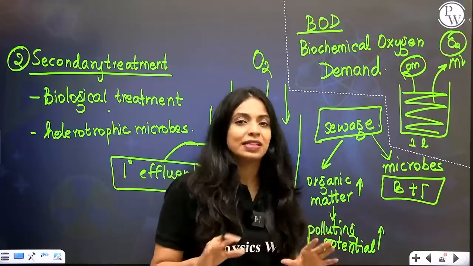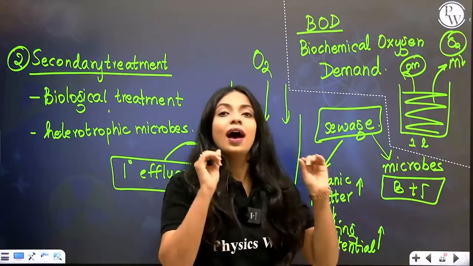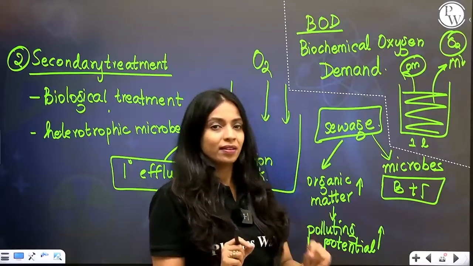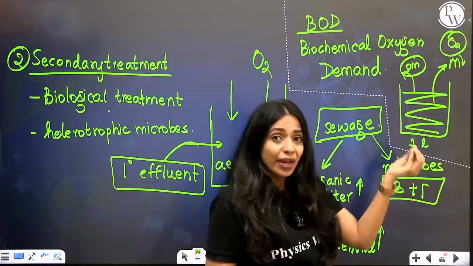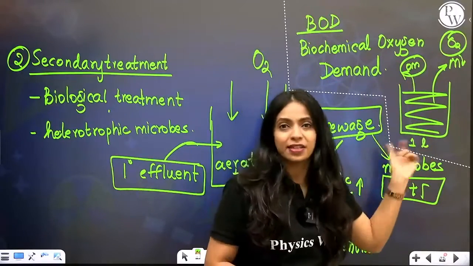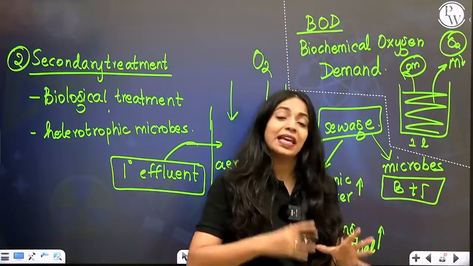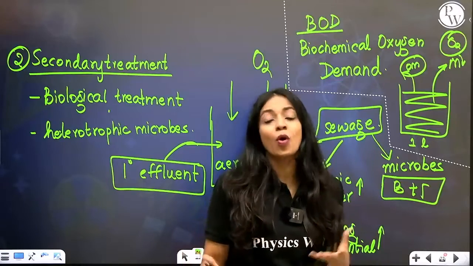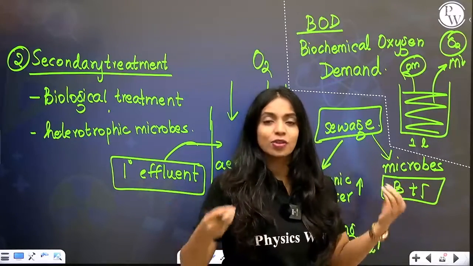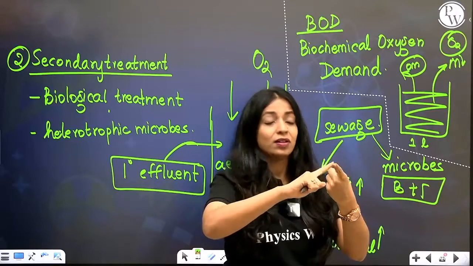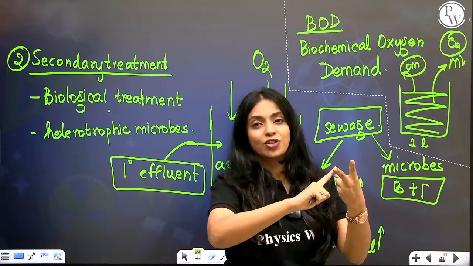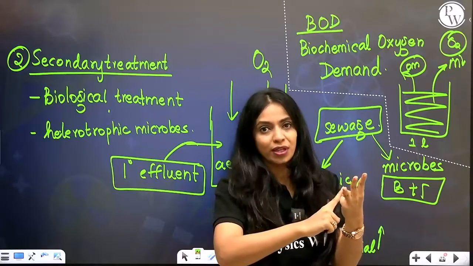Oxygen demand obviously is talking about oxygen, right? How much oxygen is required by the microbes that are present in this sample to break down the organic matter present in this sample. Obviously, if the organic matter is more, if its quantity is high, you will need more oxygen. So, greater the amount of organic matter, greater is its polluting potential, greater would be its BOD.